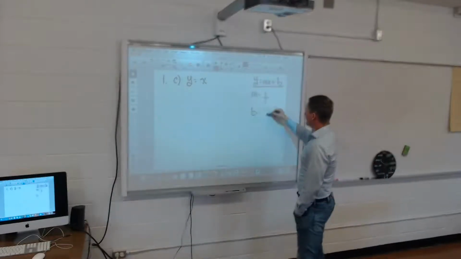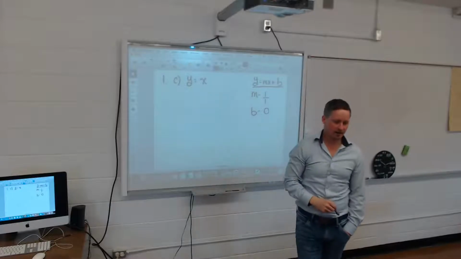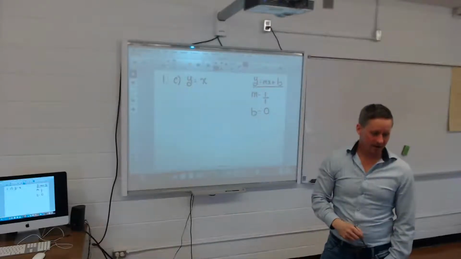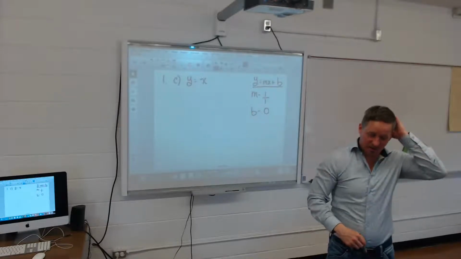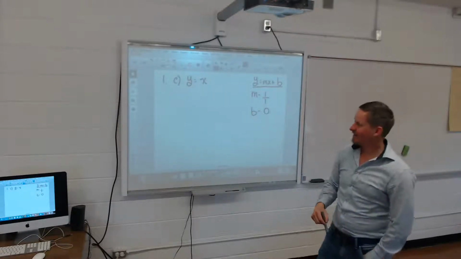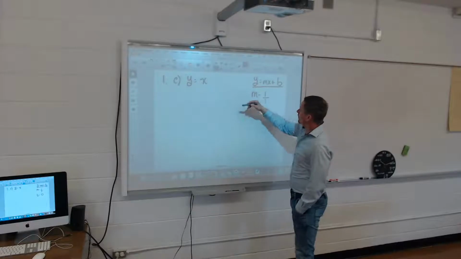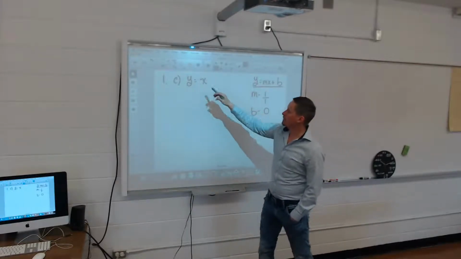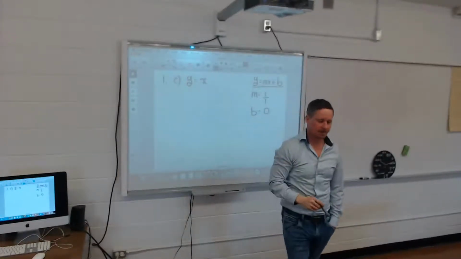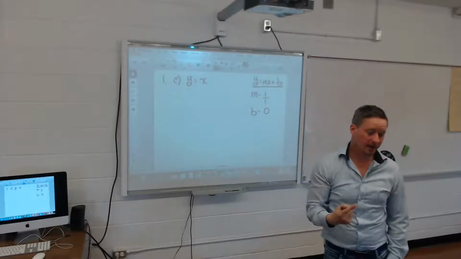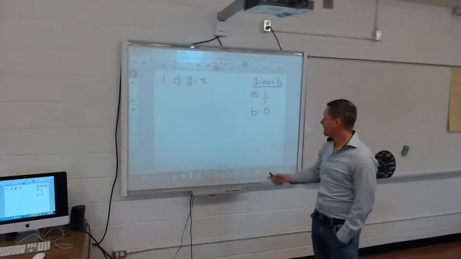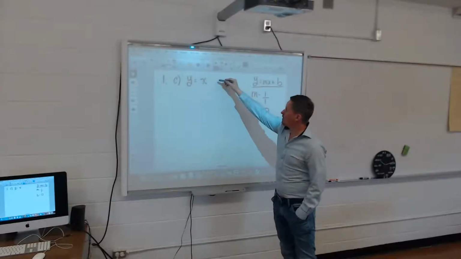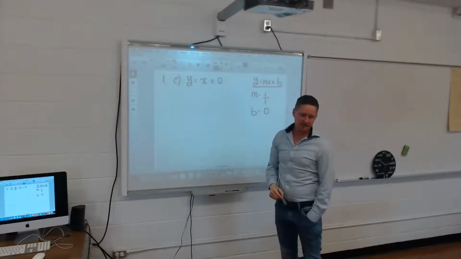There you go. I gave you the toughest one to start with. So what we learned is that if there's no value in front of the x, it's a 1. That is my slope. And if there's no value out here, that's like saying plus 0.